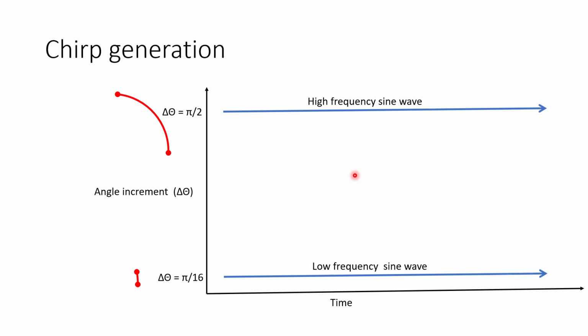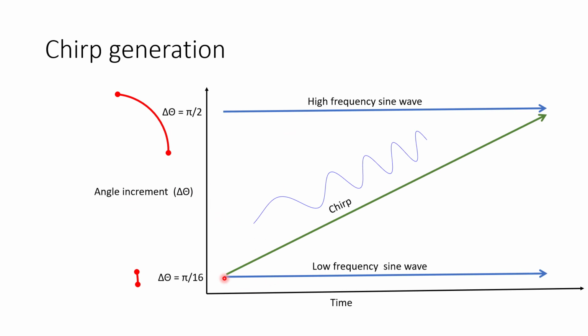Now, our chirp wants to go from a low frequency to a high frequency. So instead of adding a constant angle each increment in time, what we're going to end up doing is varying that angular increment. So for the chirp, we add a changing angle in time.